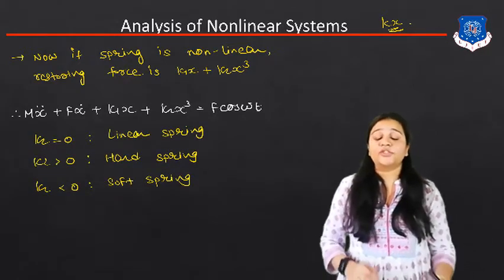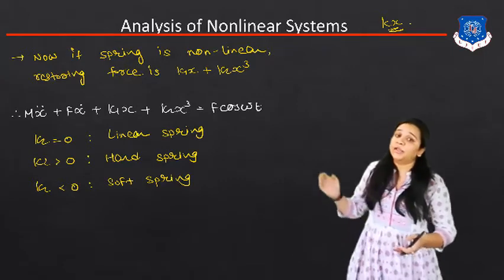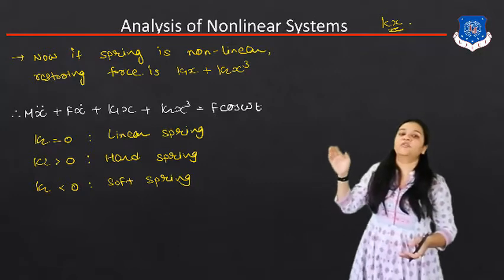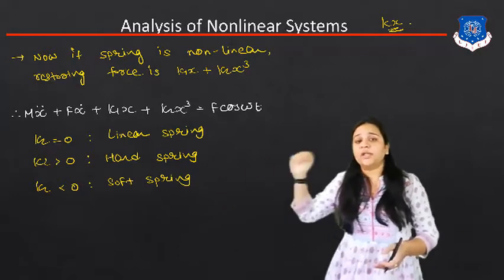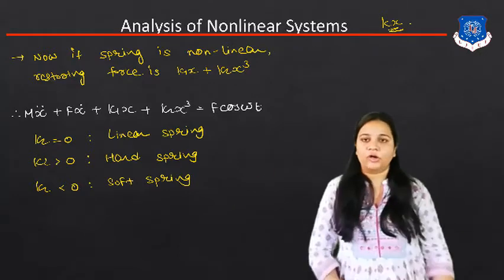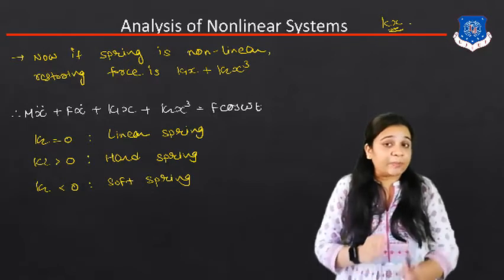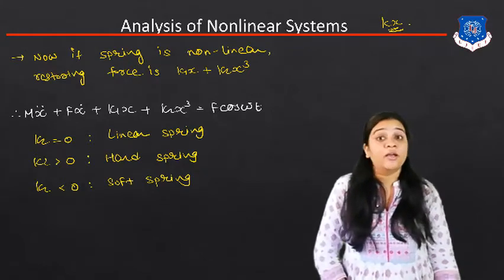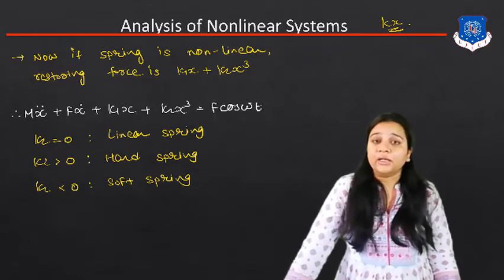As we discussed earlier, K2 is equal to 0 for the linear spring, K2 greater than 0 for the hard spring, and K2 less than 0 for the soft spring. So depending upon the spring characteristic, the differential equation will change, particularly for the non-linear spring.